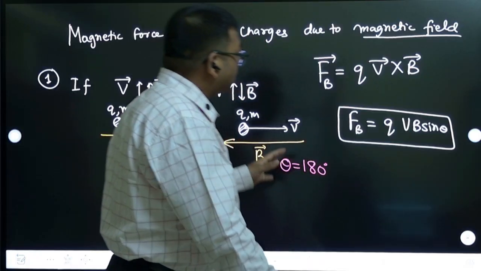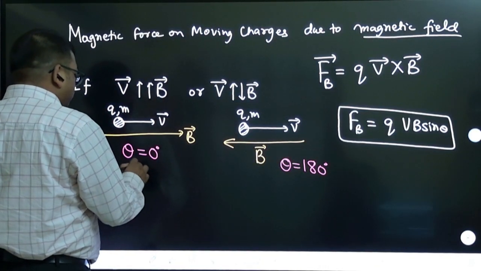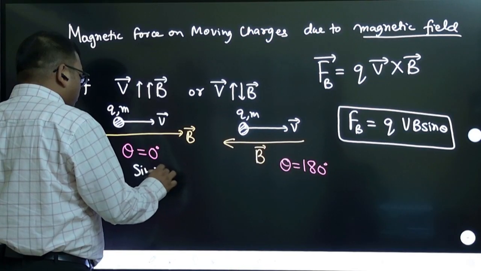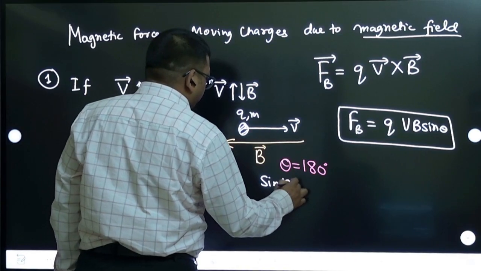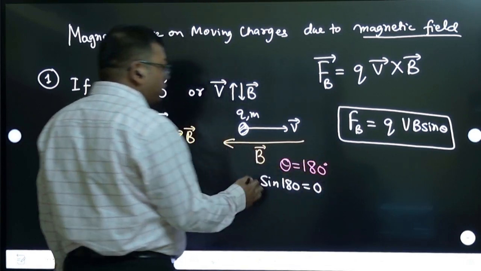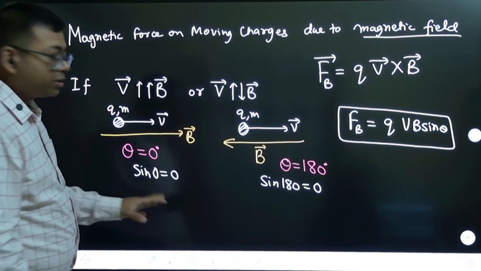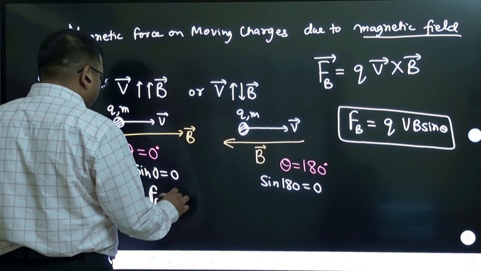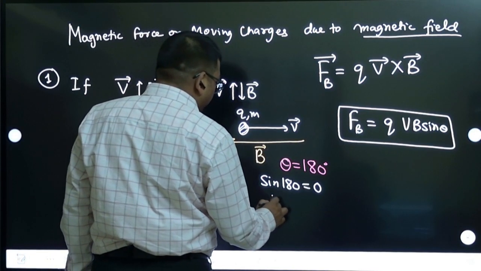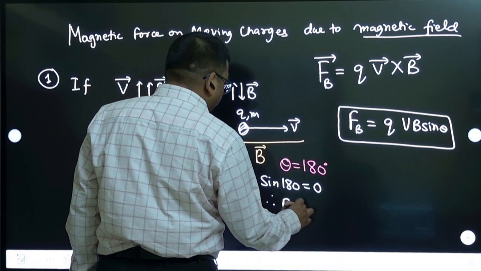Note that in both cases sine becomes 0 because sine 0 is 0 and sine 180 degree is also 0. So that means in both these cases force is going to be 0. That means the magnetic force is going to be 0 here, and here also the magnetic force is going to be 0.